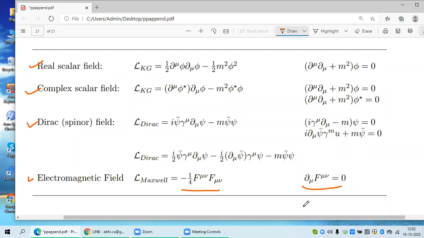For that we need to combine relativity and quantum mechanics. From that standpoint we constructed these equations of motion, all these Lagrangians, but somehow nature has already constructed it and presented it beforehand.